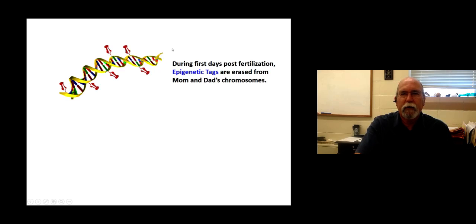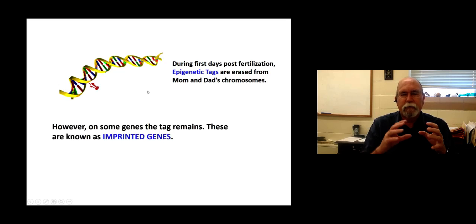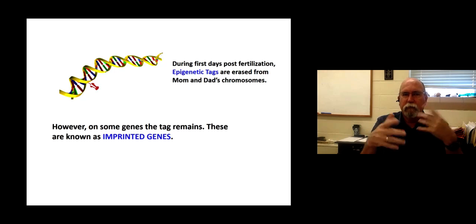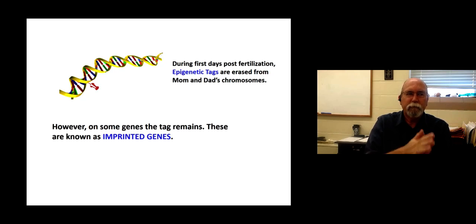There are these little tags that occur, and over time, those tags start to disappear, right? They're there for the first few replication events, the first few mitotic divisions, and then ultimately we start to remove those tags. However, some of them stay, right?